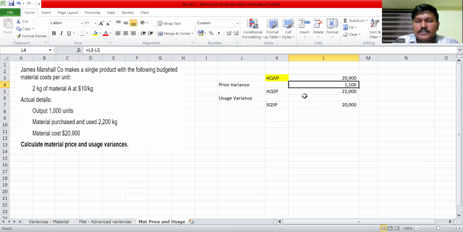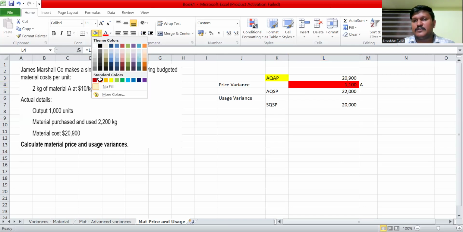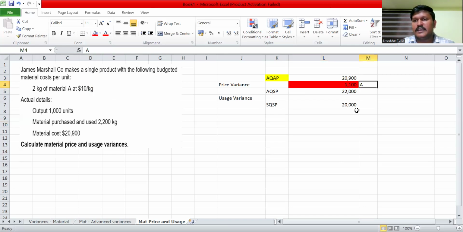So you have budgeted something and it came as more than that, meaning it's a cost. Since it is a cost, a higher cost is not favorable to us. So you will have an adverse variance. So 1,100, you will have an adverse variance over here. It's a negative one, so I'll note it down as a red one. So it's an adverse variance over here. A meaning adverse.